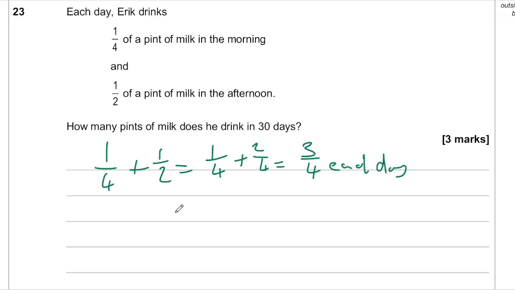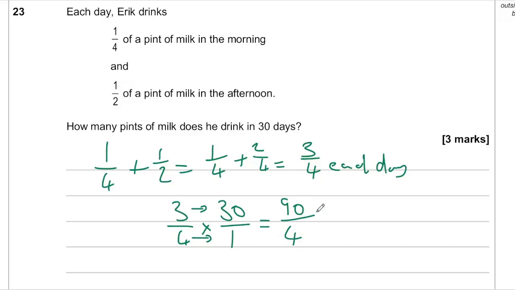Okay, and then I'm going to times it by 30. Now remember, if I times by a whole number, it's like saying 30 over 1, and then times straight across. 3 times 30 is 90. 4 times 1 is 4.